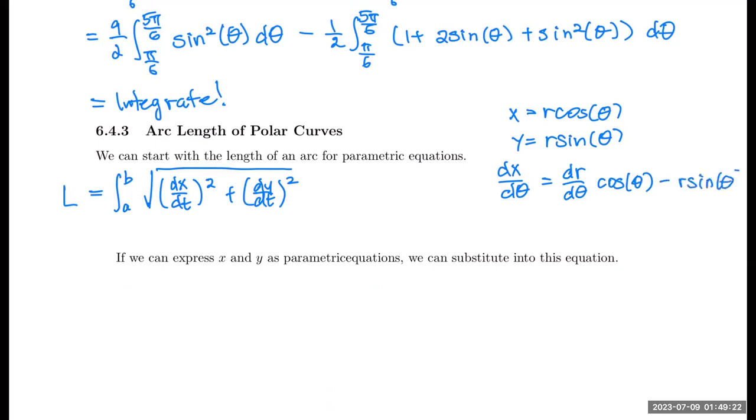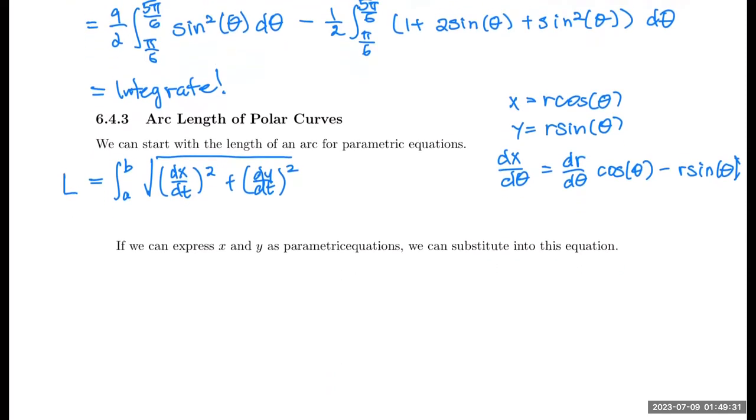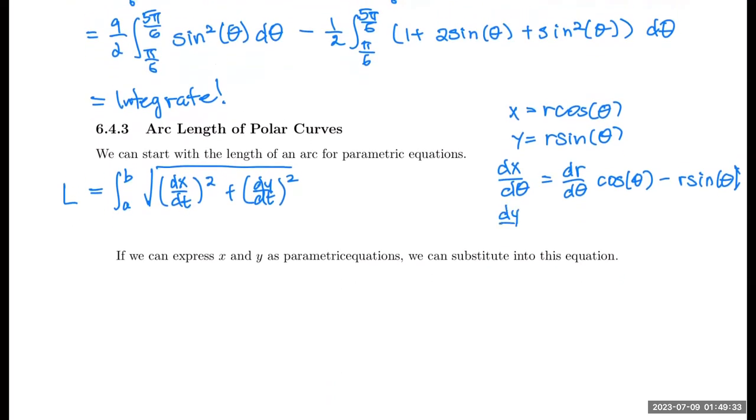So it's a little bit of implicit differentiation as well, where r is a function of theta, we're assuming. Now dy divided by d theta would then be similar: dr d theta sine theta plus r cos theta.